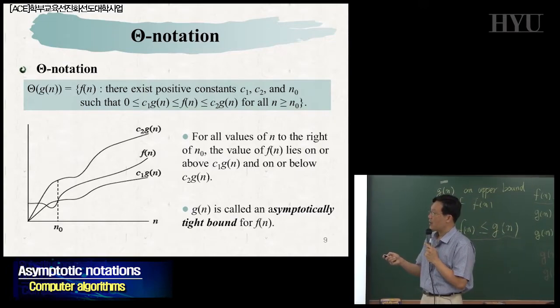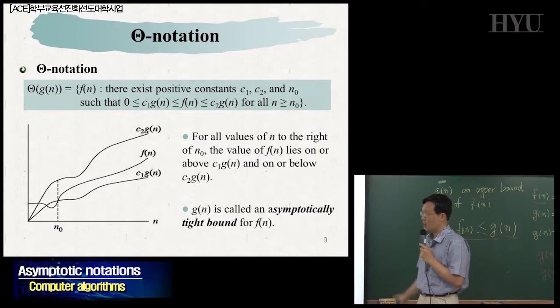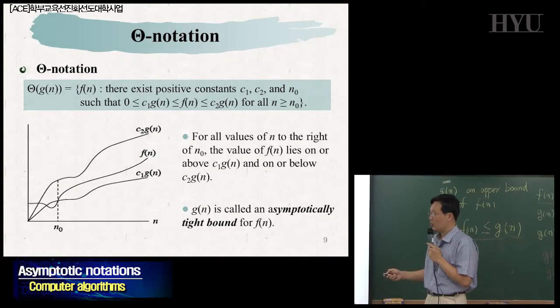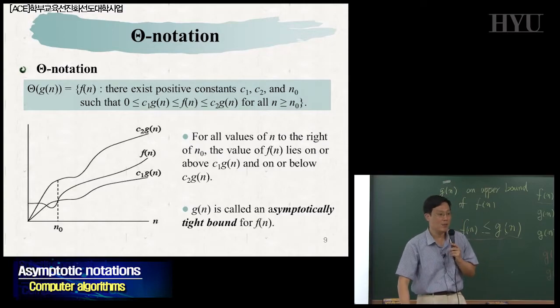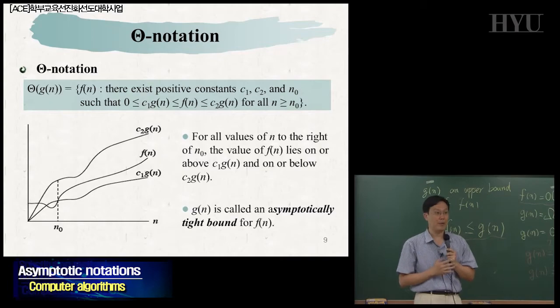If f of n is theta of g of n, then for two constants, c1 and c2, c1 times g of n is below or equal to f of n, and c2 times g of n is above or equal to f of n.